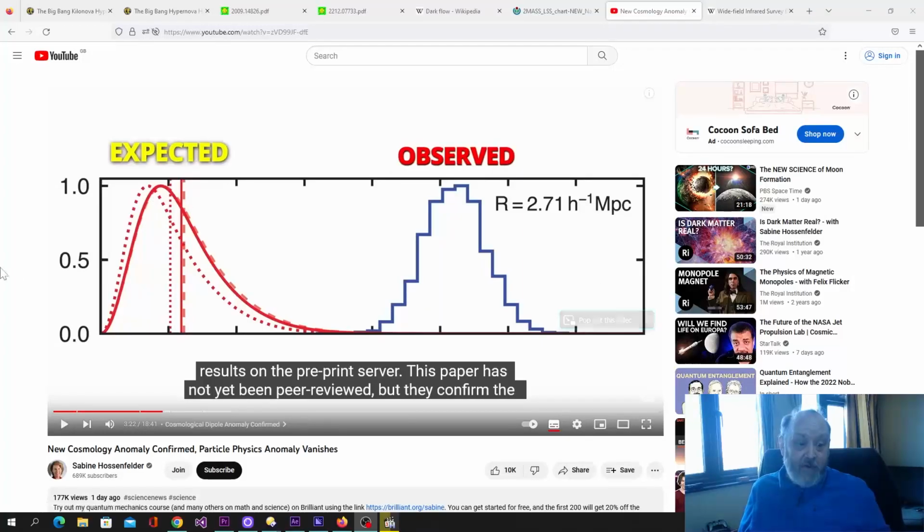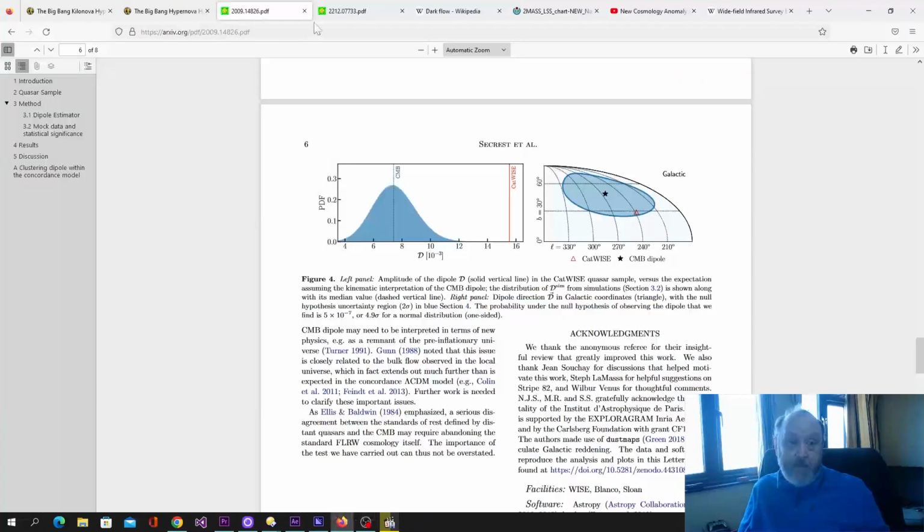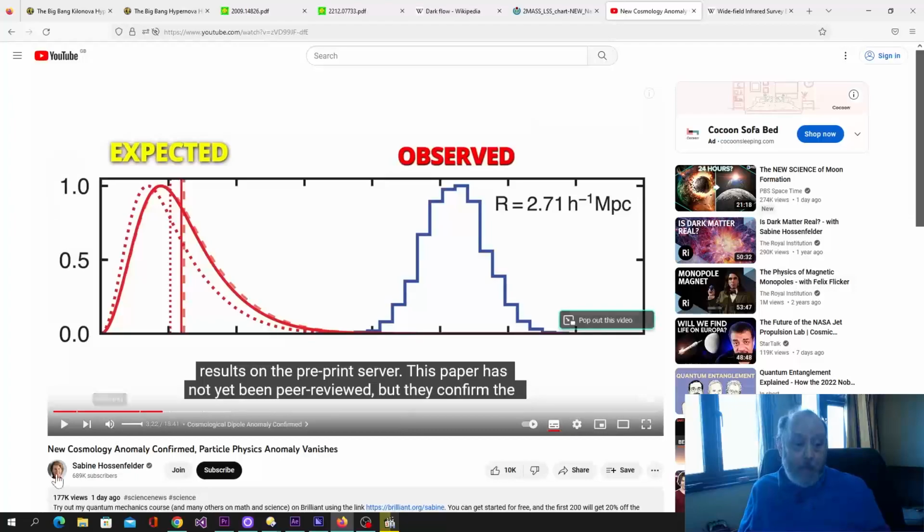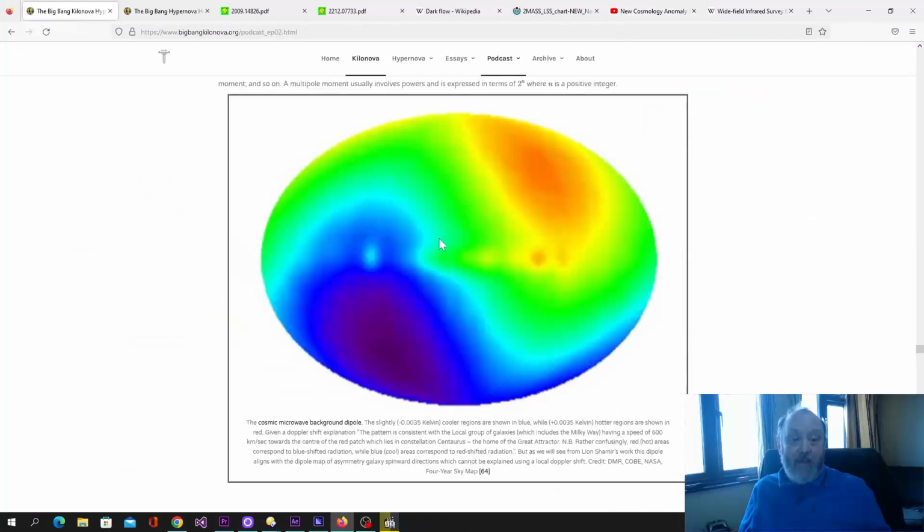As a note, the reason these two particular papers came to my attention was because I saw Sabine Hossenfelder's video yesterday where she talks about the cosmological dipole anomaly confirmed, which essentially means these are part of the microwave sky.